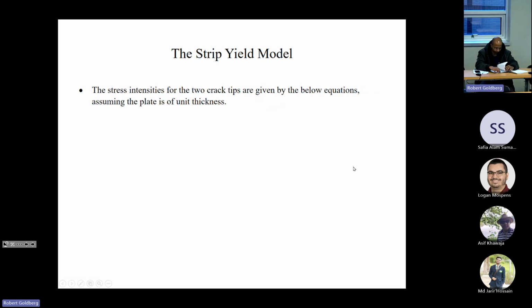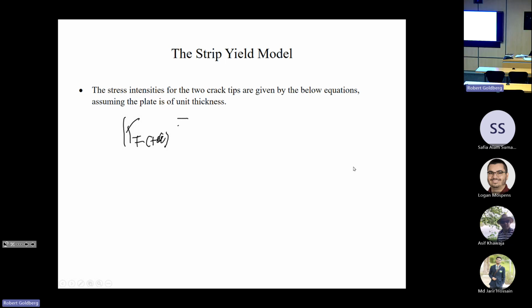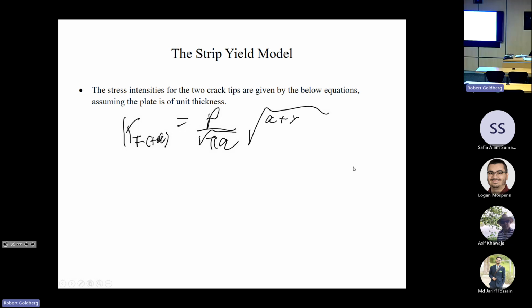We're assuming our plate is of unit thickness, so our mode 1 stress intensity factor at the right end is equal to P, our load, divided by the square root of pi times a, times the square root of (a plus x) over (a minus x).